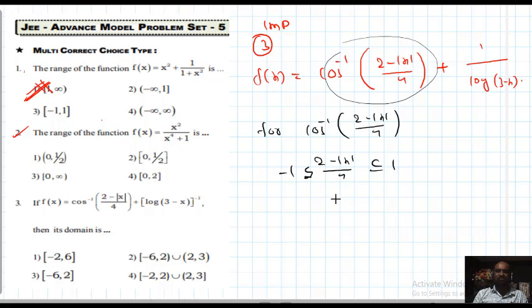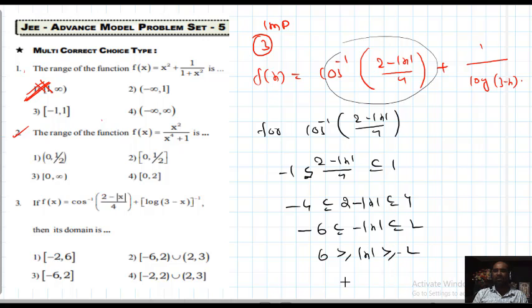Multiplying by 4, minus 4 is less than or equal to 2 minus mod x, which is less than or equal to 4. Subtracting 2, minus 6 is less than or equal to minus mod x, which is less than or equal to 2. Multiplying by minus 1 reverses the inequality: 6 is greater than or equal to mod x, which is greater than or equal to minus 2, or minus 2 is less than or equal to mod x, which is less than or equal to 6.